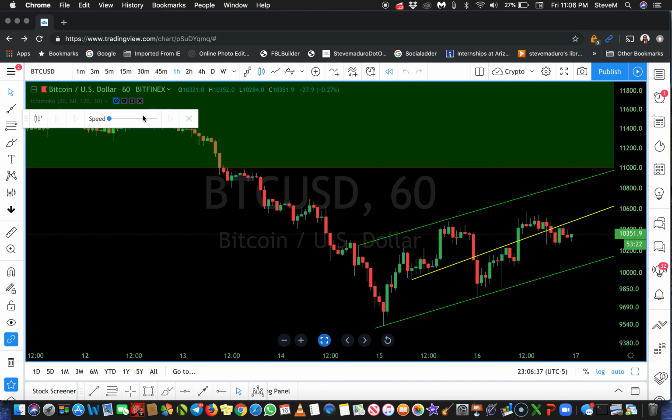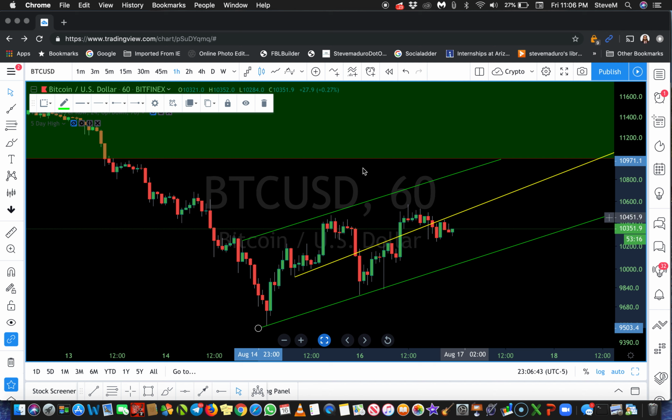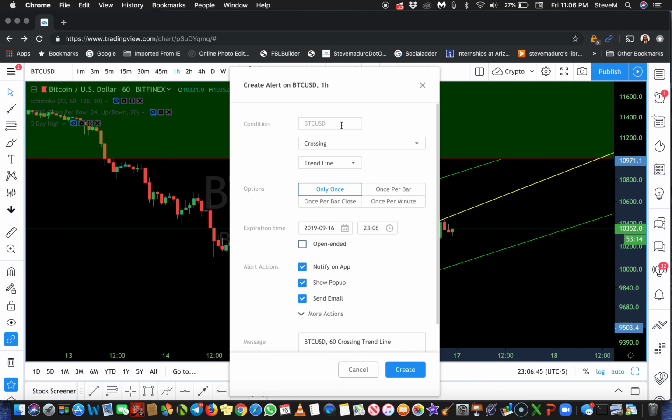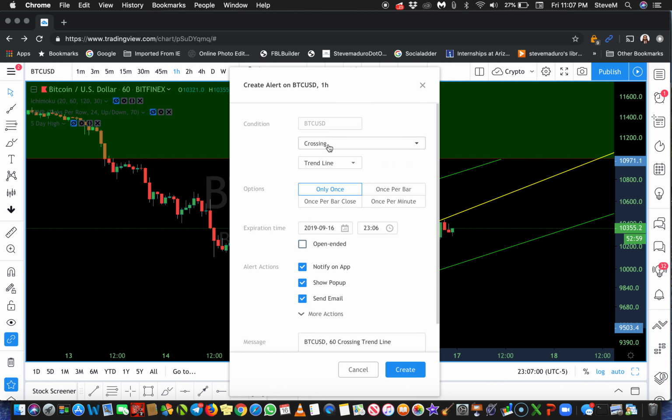If you only do once, to me, set an alert to where crossing, number one, and then also once per minute is cool. If you want to do once per bar, that's also cool, because once per bar would also give you multiple touches, and you get multiple alerts.